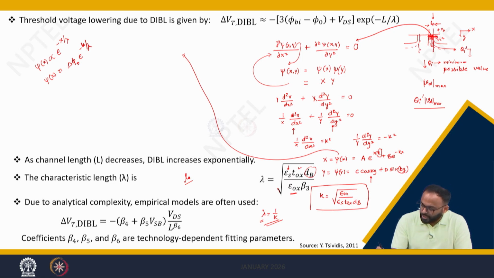Again, I am not doing a complete derivation, I am just giving you an intuition of how you can proceed to this final solution. Here phi d is the change in the potential at the source side, which is phi bi minus phi naught.